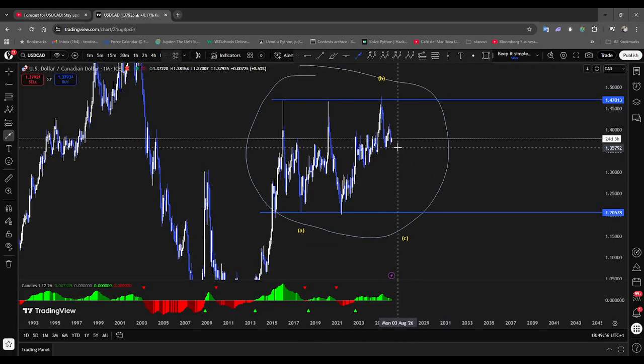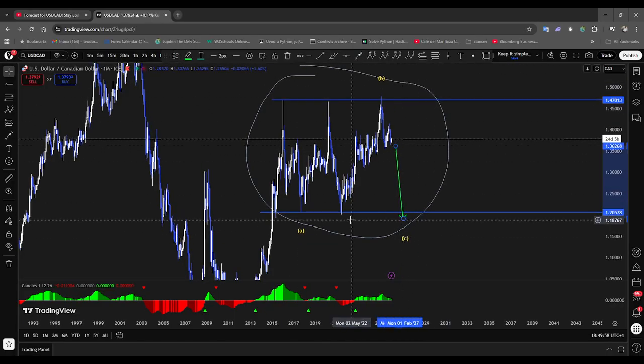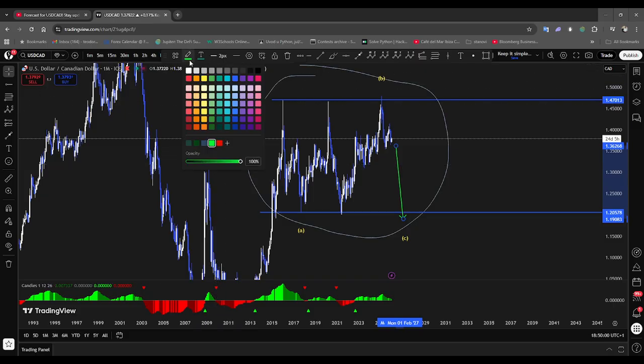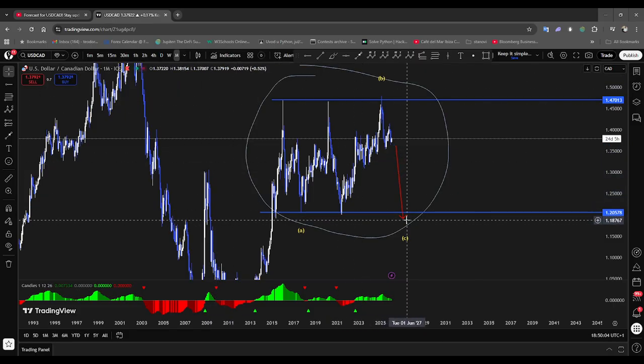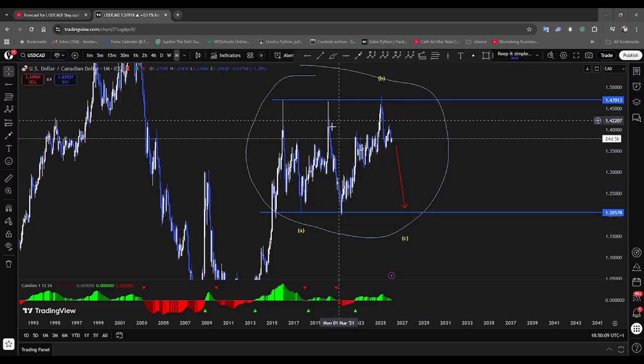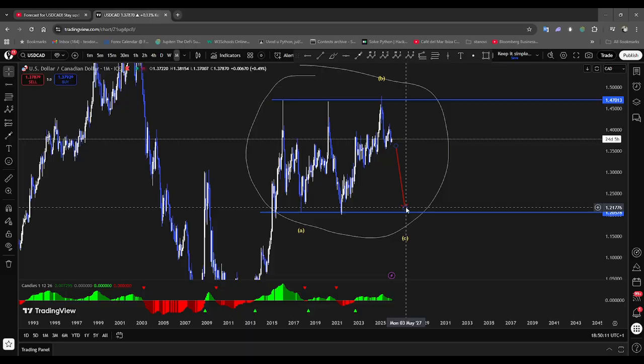Now we can expect price to possibly break this low, or if it doesn't break this low, then this will be another type of correction.